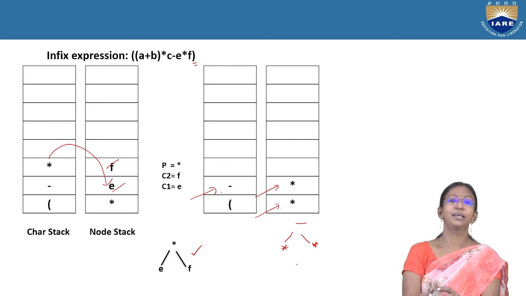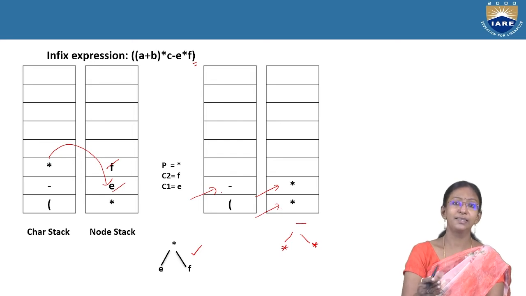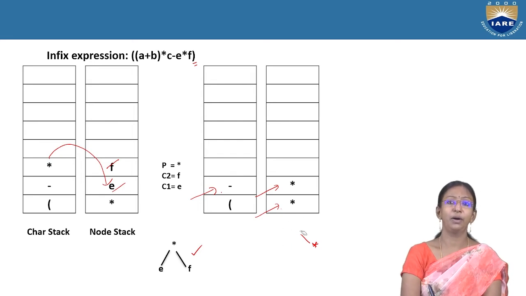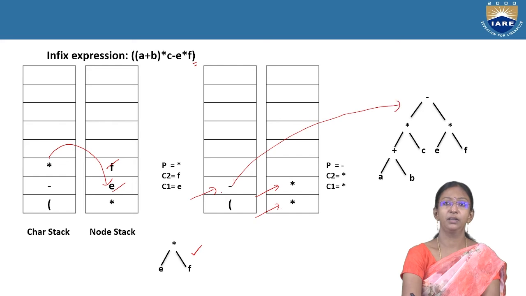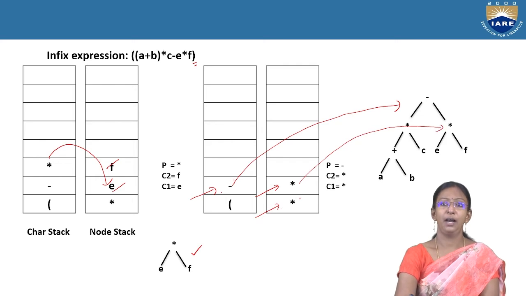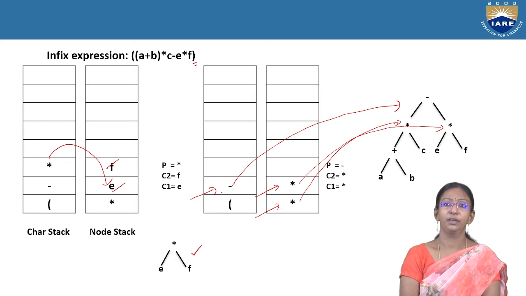So when this gets hooked to the existing expression binary tree in our hands, the final structure is going to look like this, right? So subtraction has become the parent, the multiplication on top has become the right child, and the one below that has become the left child, right?